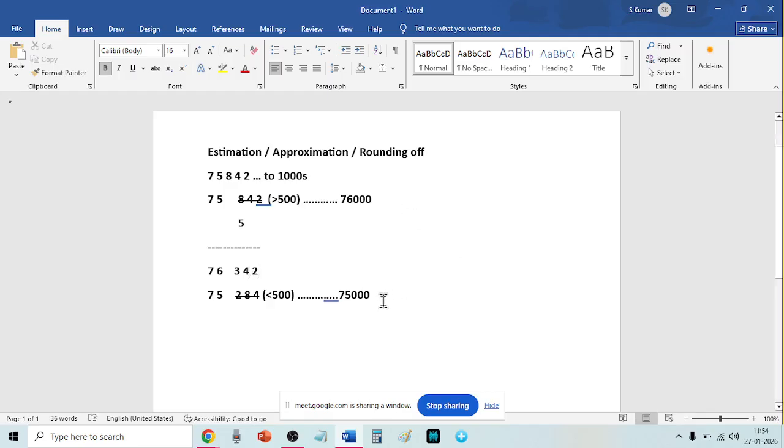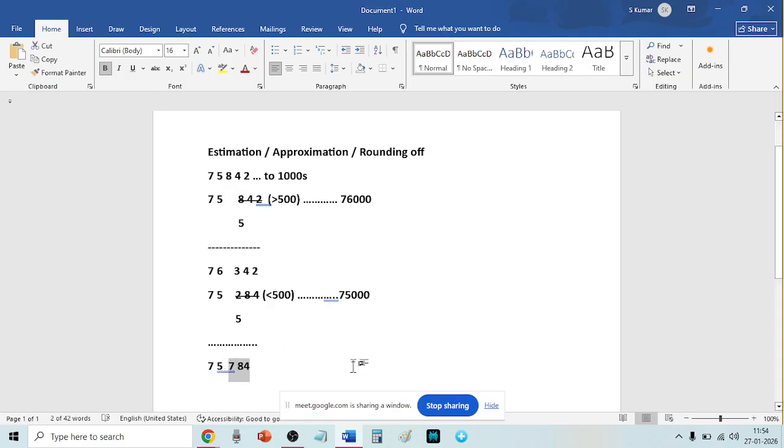And here if you add 5, there's no carrying. 7, 5. It will remain 5 only. Then you will get 784. So there will be no carrying, so it will remain 75. Anyway, this part you are going to cut, you are putting 0.